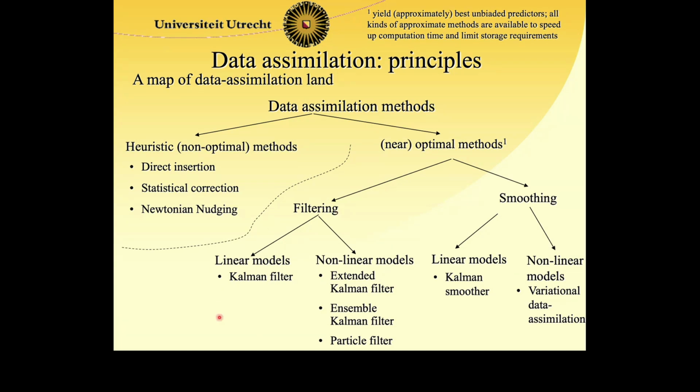Well, if the system is linear, you have a Kalman filter. There are all kinds of approximations for nonlinear models. There's the extended Kalman filter, which is problematic if your errors are large and your time steps are large. It doesn't work anymore. This is linearizing the nonlinear equations and then basically applying the Kalman filter.